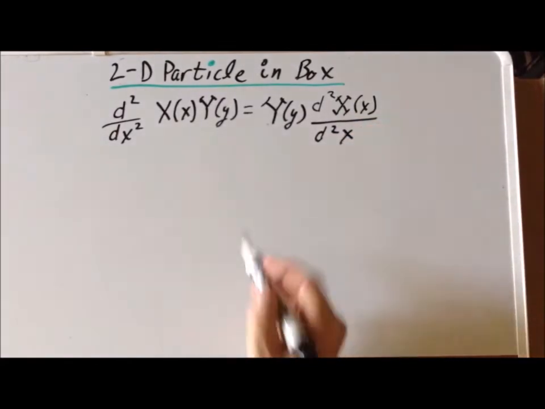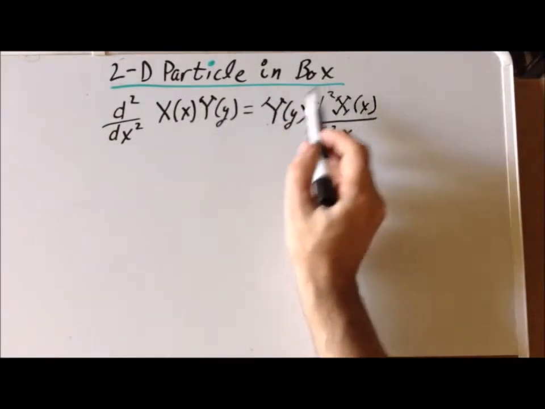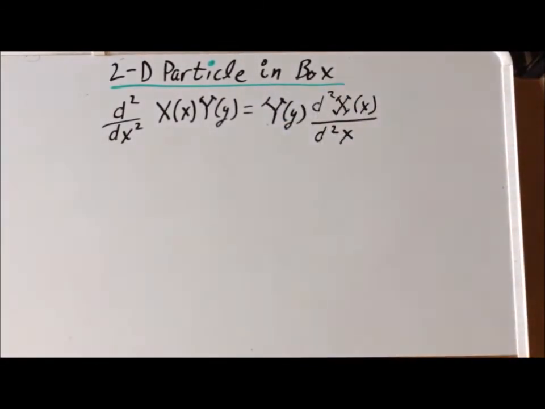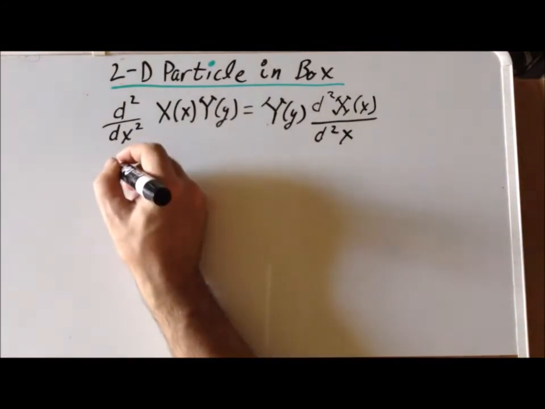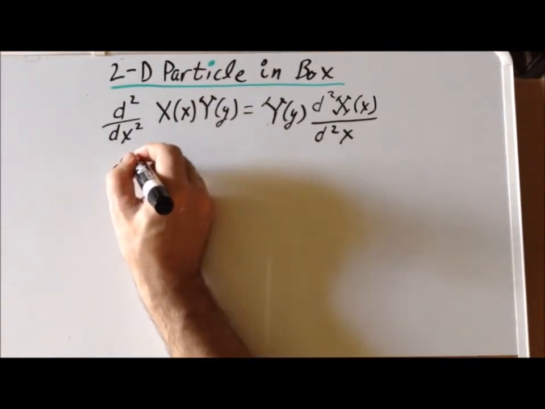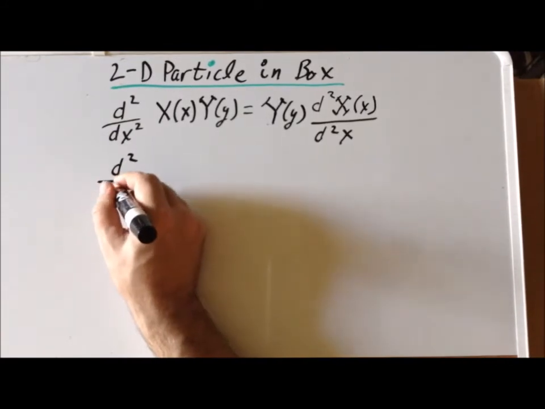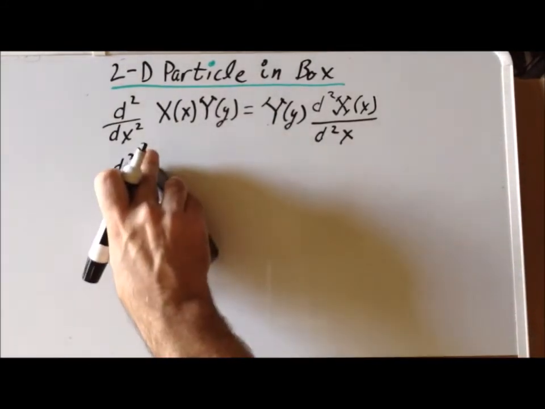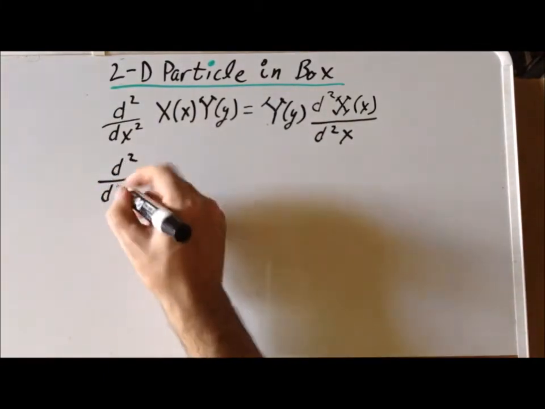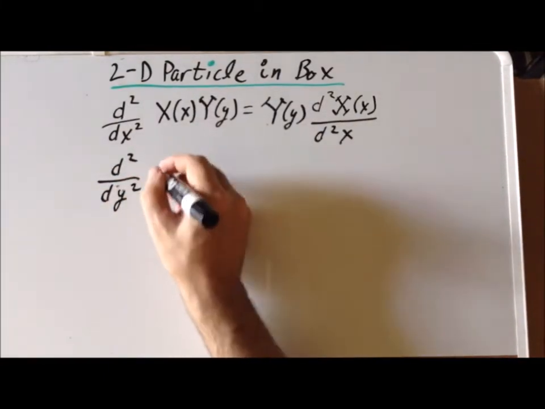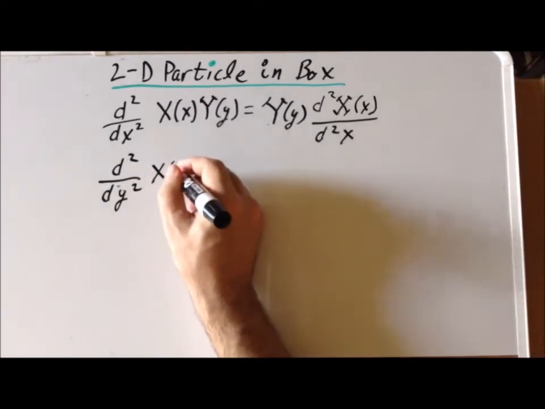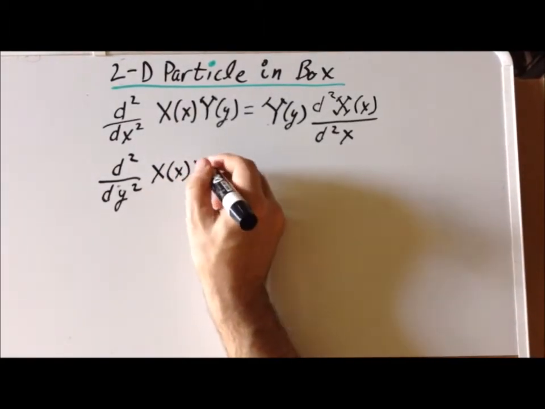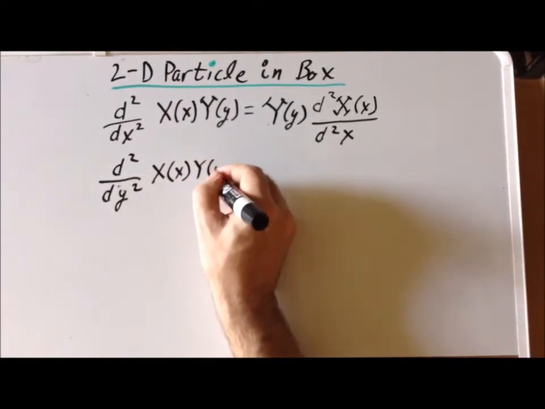So this is the function y times the second derivative of x with respect to x. Similarly, we need to determine the second derivative with respect to y of psi. So it's big X of x times big Y of little y, if we want to say it that way.